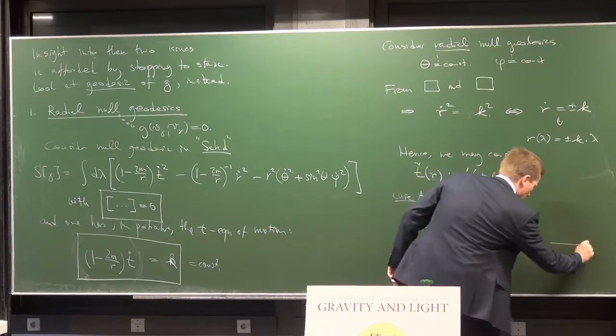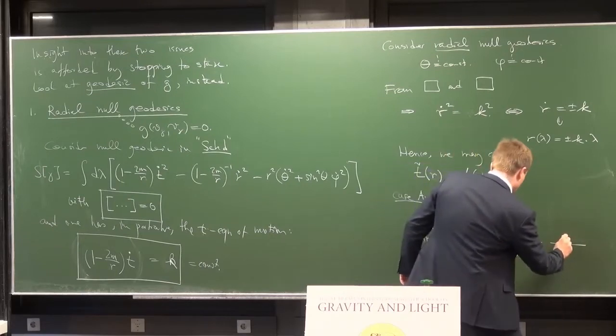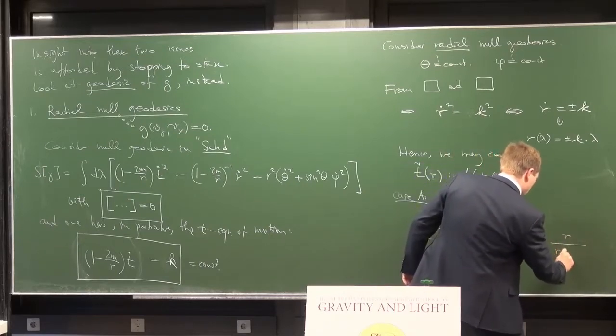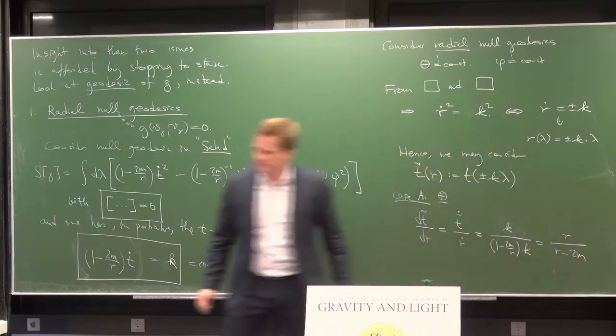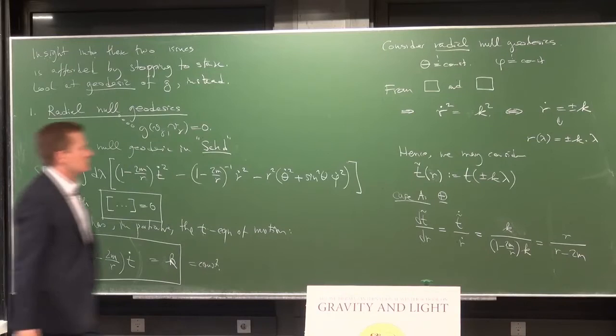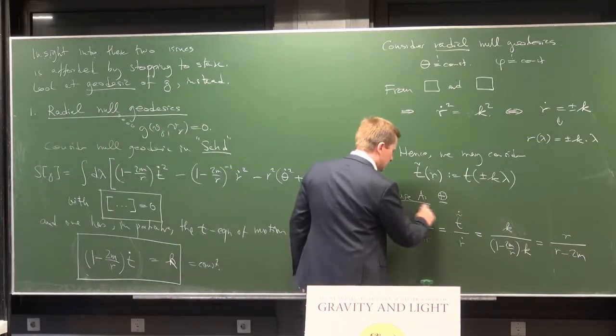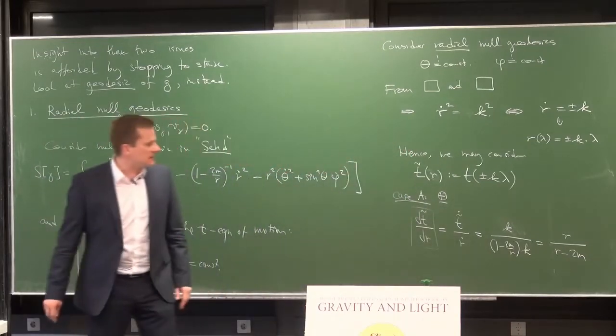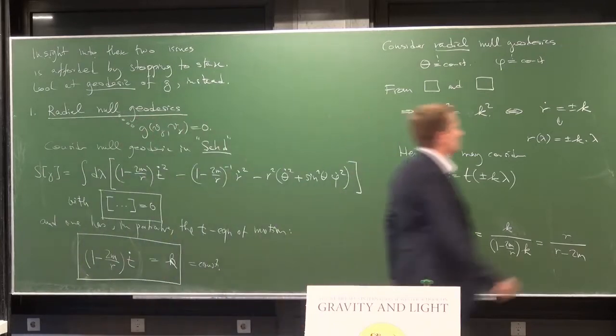So what you get here in total, if you expand by r, is r by r minus 2m. Is that right? Yes, that's right. So anyway, we know how this one increases, and this can be integrated.